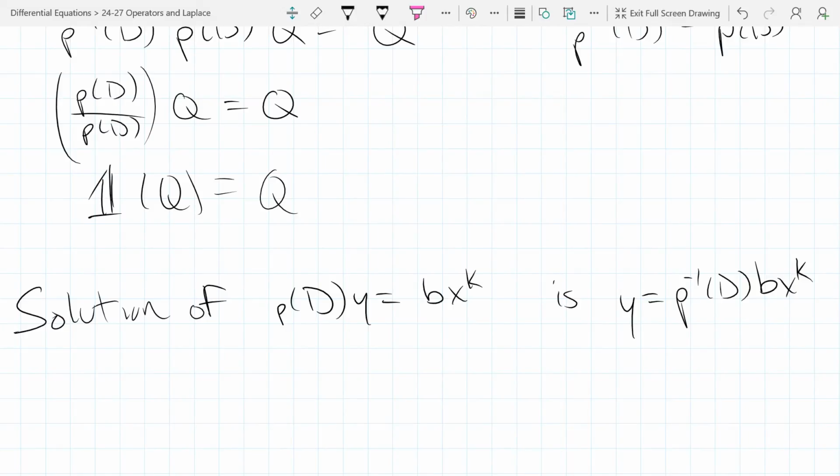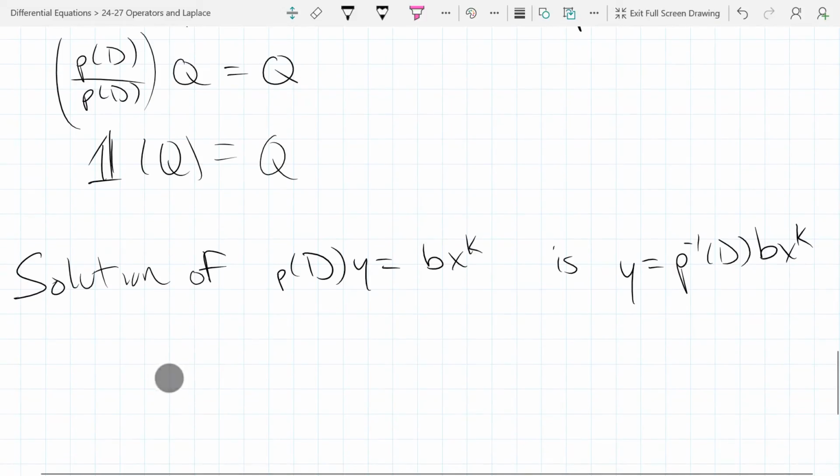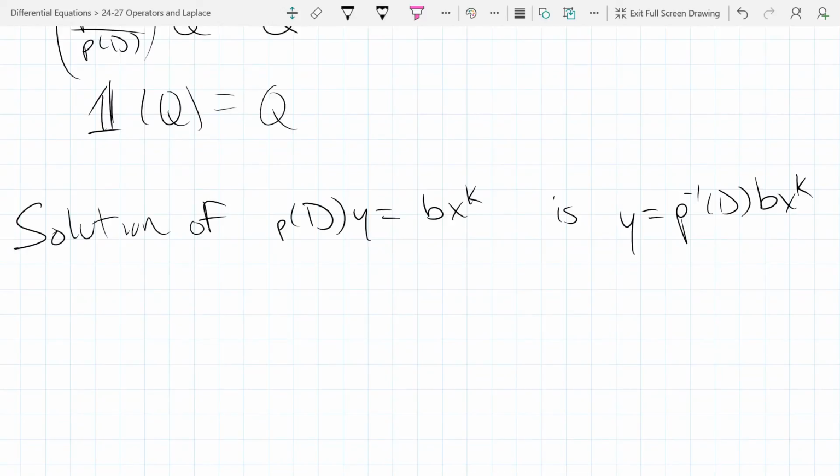If you read it, it should be pretty clear. All we did was move the operator to the other side. So obviously it's the same exact thing. So how do you solve for y? Obviously you take the operator and move to the other side as this inverse. Now, how in the world do we compute that thing on the right side? That's a different story. So it's easy to write down.